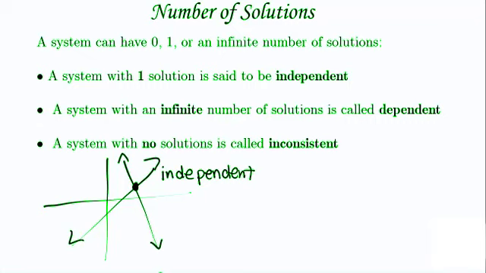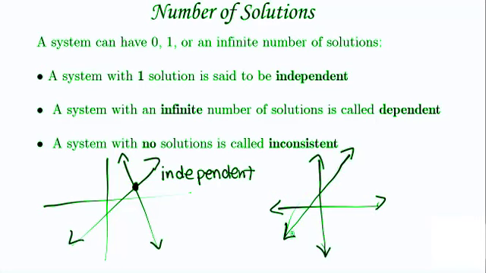Another possibility is that there is an infinite number of solutions. What this actually means is that both equations are describing the same line. So if I have two equations and I figure out some points and graph one of the equations, and then I look at my other equation and go to graph that, and I realize that it's the exact same line, that means that there are an infinite number of solutions.